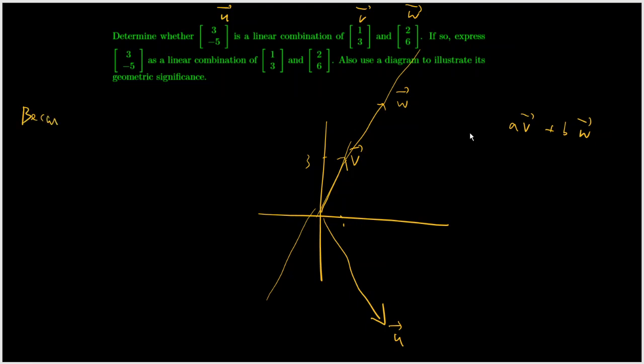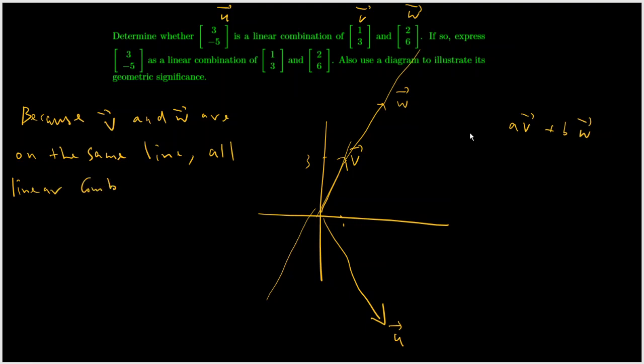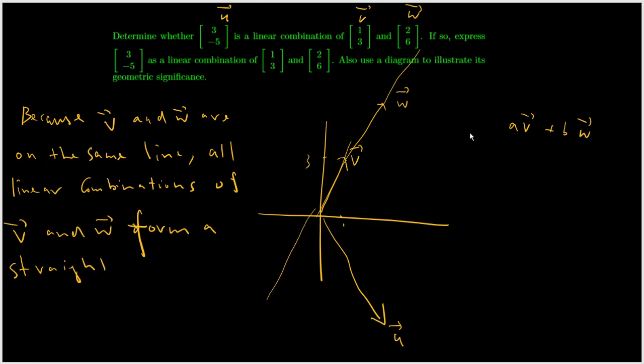You say something like, because v and w are on the same line, it's because of that all linear combinations of v and w form, maybe a better wording, form a straight line passing through the origin.